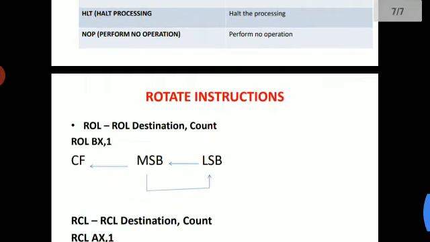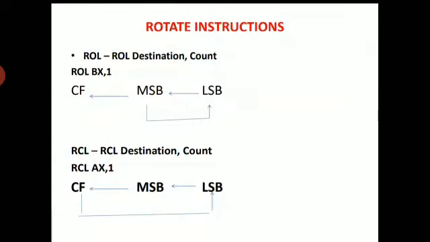And then we move on to the next classification of instructions, that is, rotate instructions. For performing rotation and shifting operations, we use this type of instructions. Now we can see the simple instructions only. Okay, the first instruction is ROL.